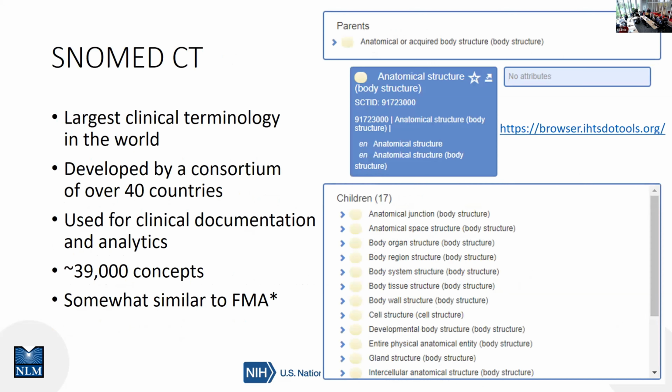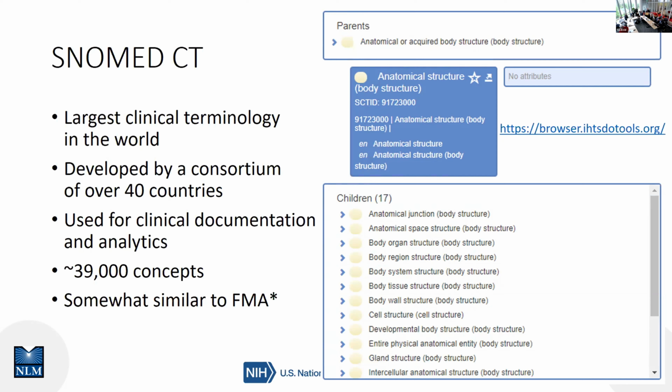We mentioned SNOMED a couple of times this morning, and it is important in the sense that SNOMED is the largest clinical terminology in the world. They have 39,000 anatomical concepts. It's somewhat similar to the FMA, not strictly, but in the sense that SNOMED has been developed for its anatomy components more or less in collaboration or in close discussions with the FMA developers.